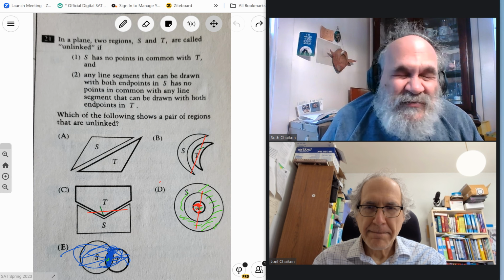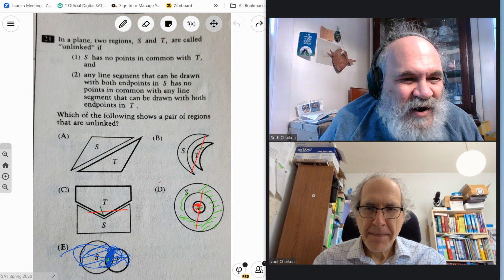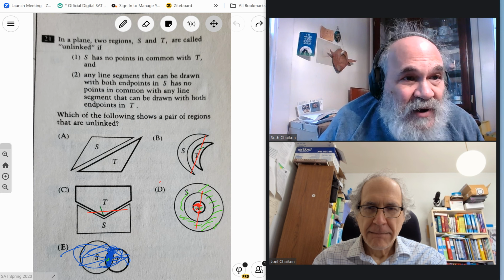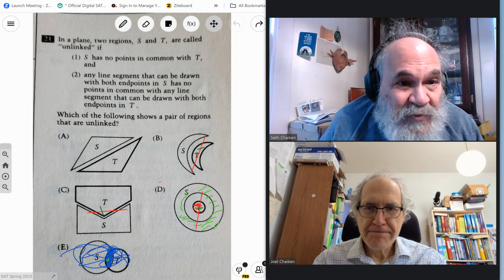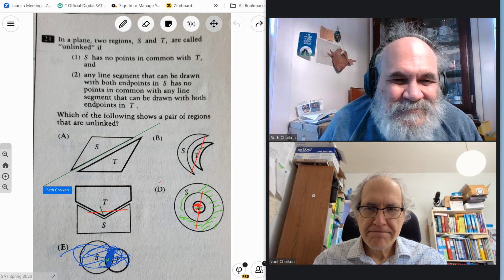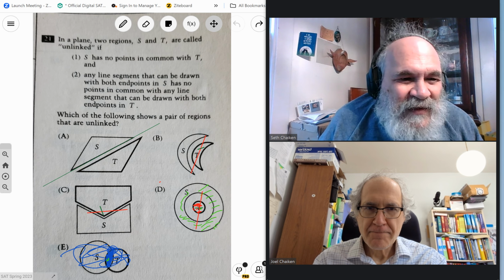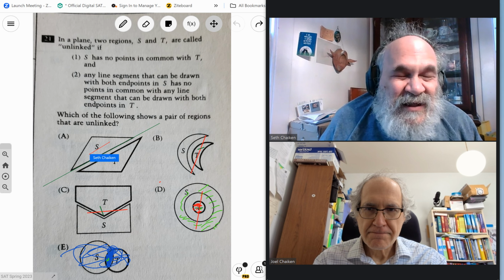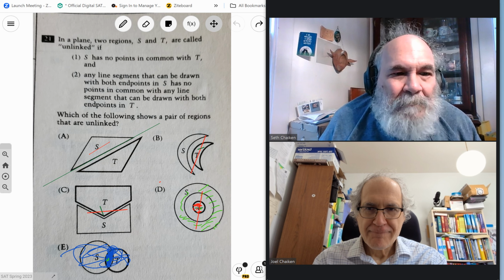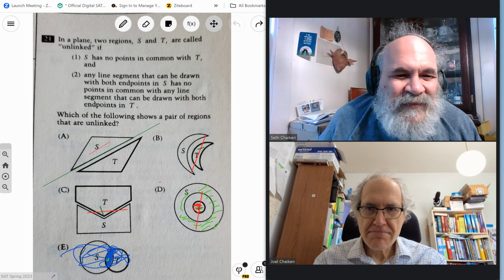The way you could prove this is by observing that there's a separating line that separates S and T. Every line segment with both endpoints in S is all above the green line, and any line segment both of whose points are in T is below the green line.